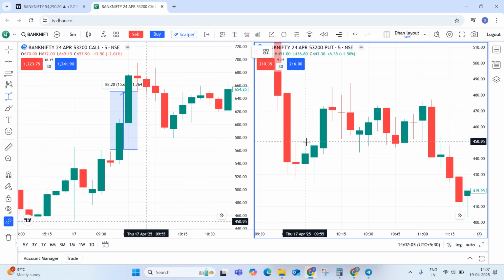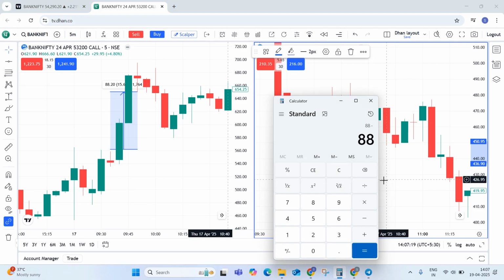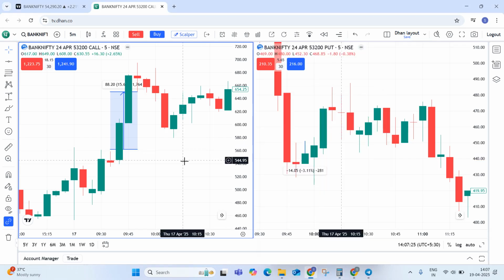I will enter at 450.95. Initially I will choose either this signal candle's low value as stop loss or 25 to 30. Here I kept 14 rupees as stop loss, so in this trade I lost 14 rupees. So my profit was down.